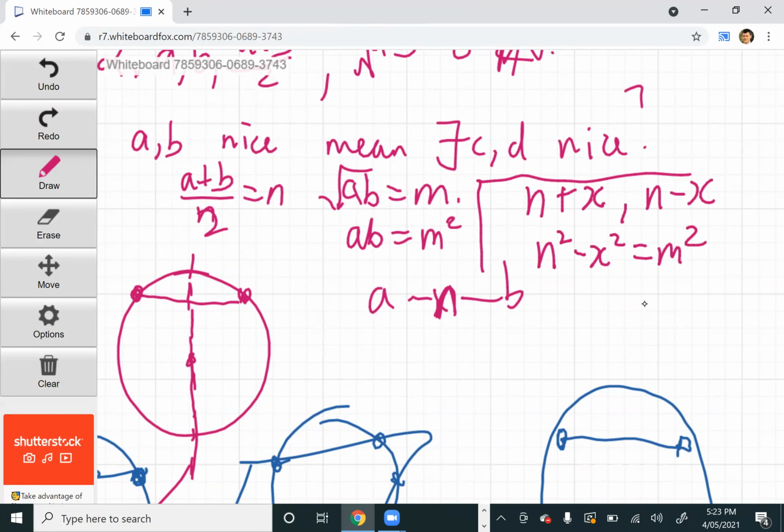So I'm thinking maybe we can use m as the deviation instead. Oh, so the other pair. So now n squared minus m squared equals x squared. And then we do something with that.